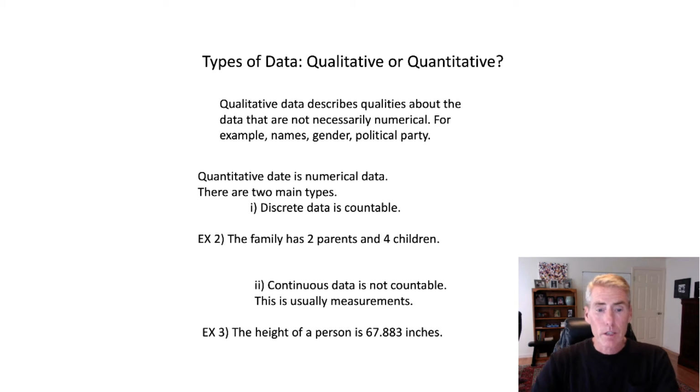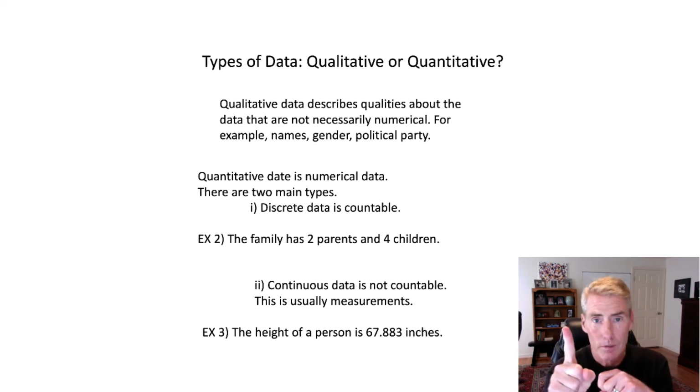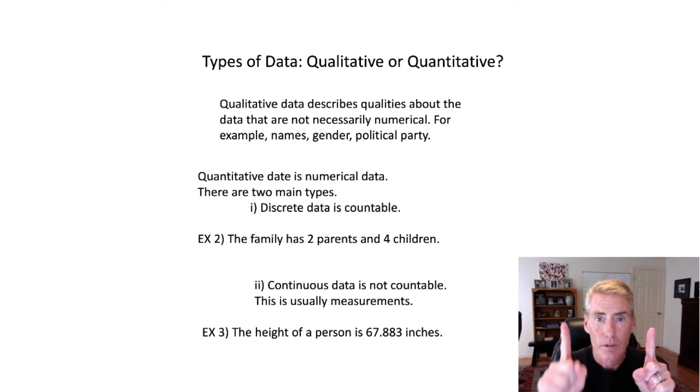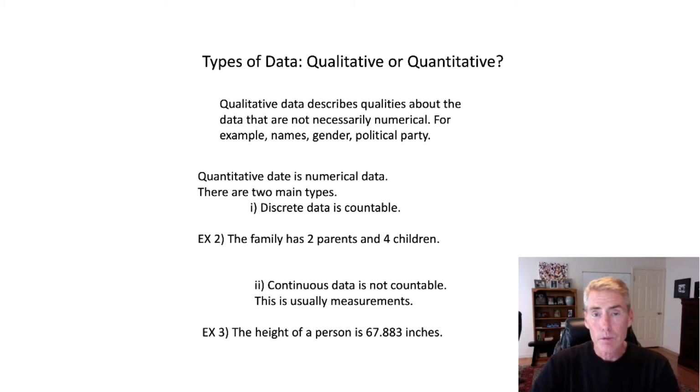With discrete data, the word discrete comes from the idea that if you have one person right here and one person right there, there's not a person in between. We can't have a 1.7 person. But if you're talking about height, you can measure it and get as accurate as you want. Most of the time we would say somebody's 5'10" or 5'11".